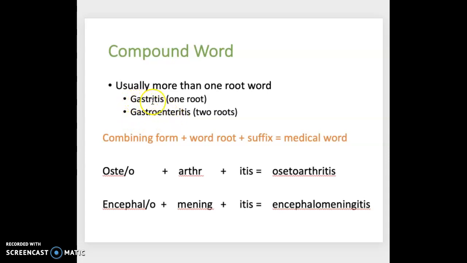Okay, with gastritis, there's only one word root, gaster. But here there are two. Okay, so these are the middle parts of the word, so you define those last. You'll always go to the suffix first and then to the beginning and middle of the word.